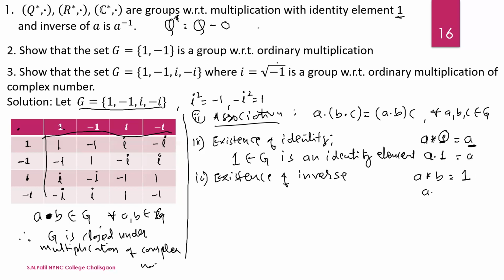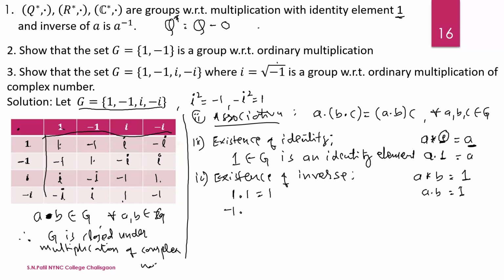Here star is multiplication, so A into B is equal to 1. Now from the composition table, where is 1? 1 is here, 1 is here, 1 is here, 1 is here. So let us verify the existence of inverse. First we take 1 into 1 is equal to 1. That is itself inverse.